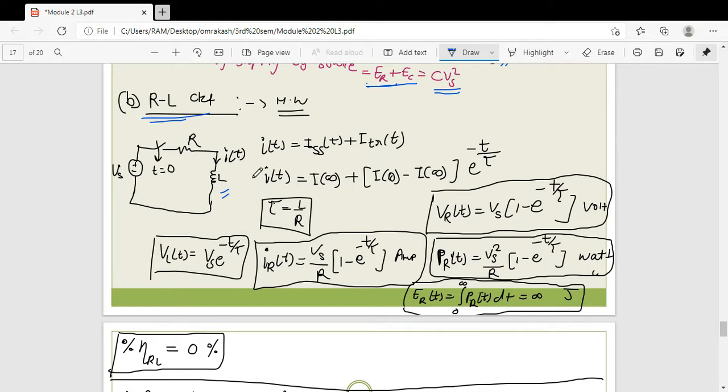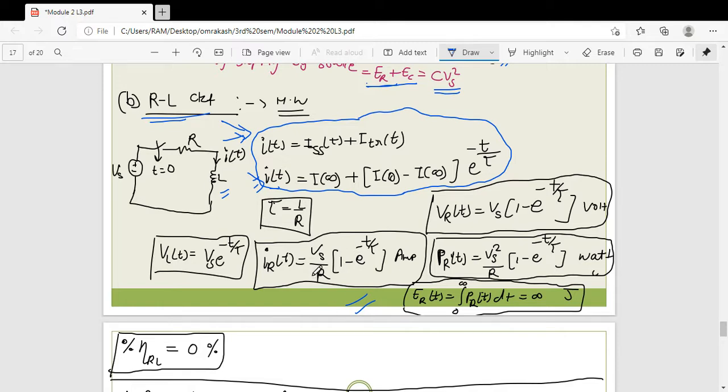What is the equation for this current? You will get I of t is equal to I at infinity plus (I naught minus I at infinity) into e to the power of minus t by tau. So this is your basic equation for this circuit, right? Now, when you apply all the concepts we discussed in our slide, but use them for the RL circuit, at the end you will get these parameters.